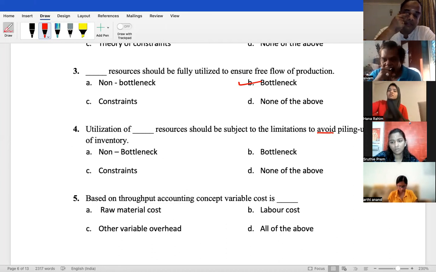You can read: utilization of non-bottleneck resources should be subject to the limitation of avoiding piling up. Two conditions are there. Without leading to piling up of inventory, we can make use of non-bottleneck resources. Am I right or not?